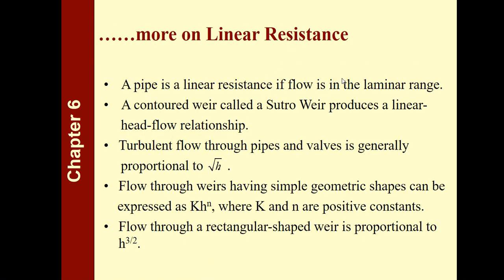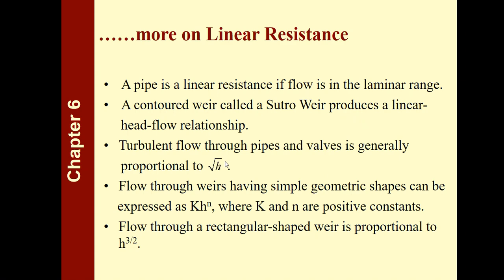Now, there was a mention about linear resistance to flow. It could be a pipe, it could be a contoured weir or a sutro weir, or anything like the expression wherein the level of the liquid will have an exponent other than 1.